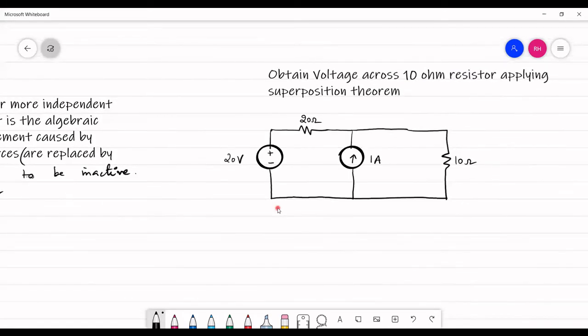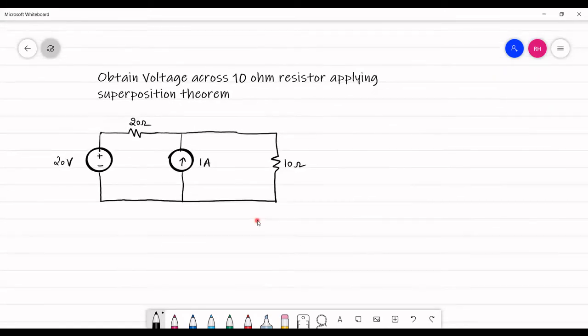Now let me explain the superposition theorem with a simple problem. So here in this problem, we are asked to find the voltage across 10 ohm resistor. So here we are going to consider this circuit where you have two sources. The first source is the voltage source and the second source is the current source.